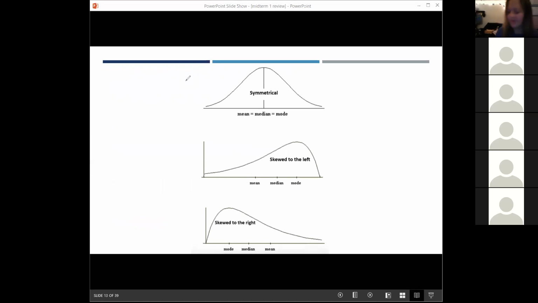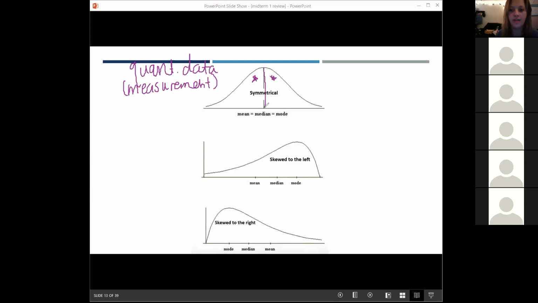So you basically can look at the relationship between our mean, median, and mode in different shapes. These are basically distributions of quantitative data. Remember, quantitative is our measurement data, and these are ways that we can display it. If your display looks symmetrical, so it looks the same on each side here, then our mean is going to be equal to our median, which is equal to our mode.